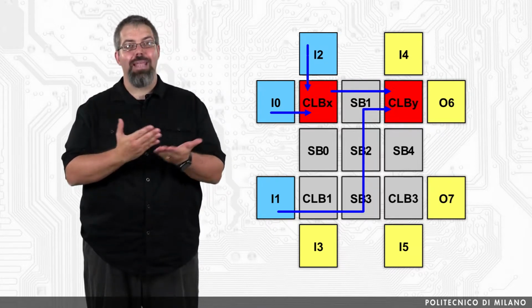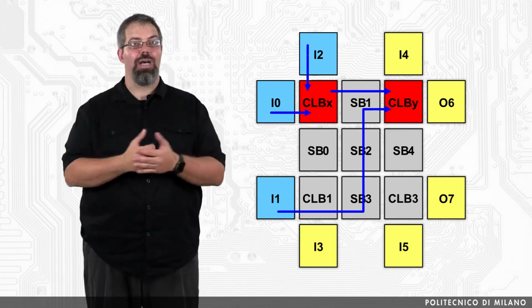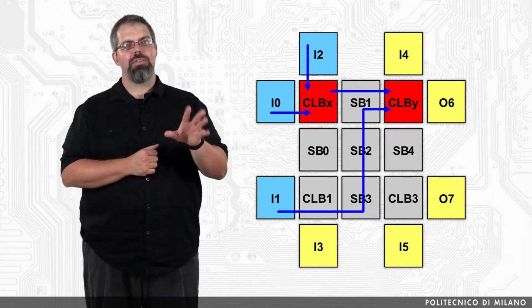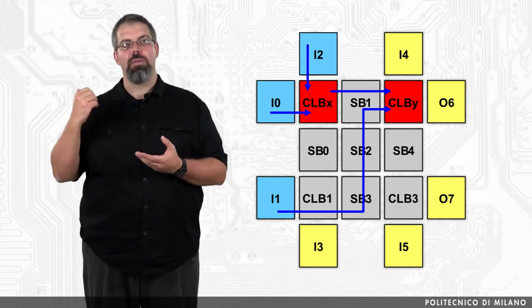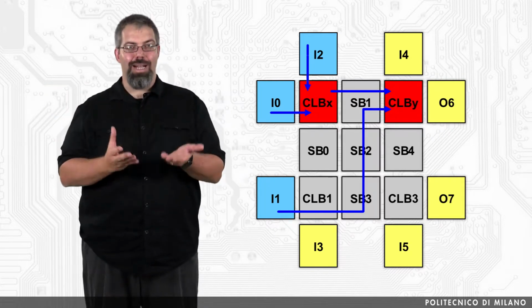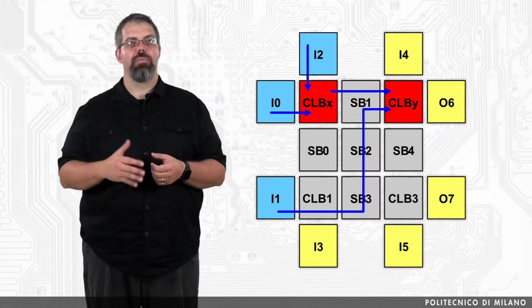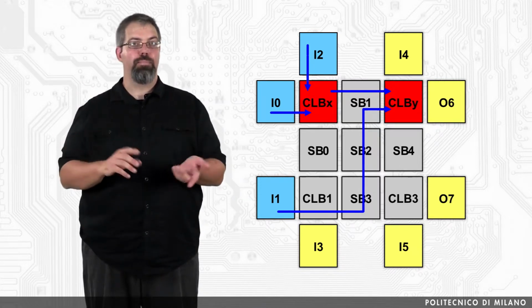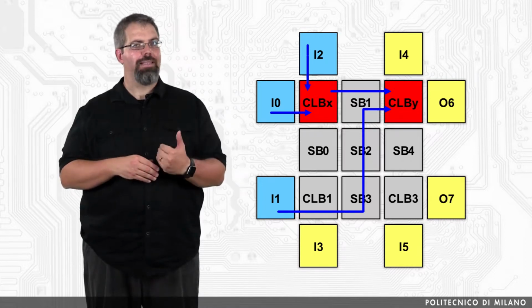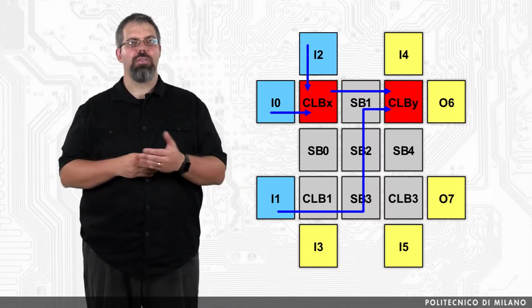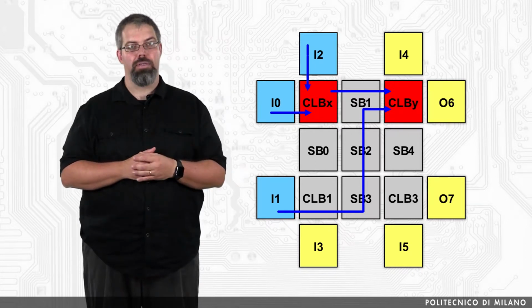Otherwise, data won't be able to flow in and out of our system. Just consider the connection with the input blocks. CLB-X is waiting for data from inputs 0 and 2, while CLB-Y is looking for data coming from the output of CLB-X and input 1. This was something that we were aware of because of the netlist we had, and it can bring to a routing using 3 switch boxes as shown in the figure.